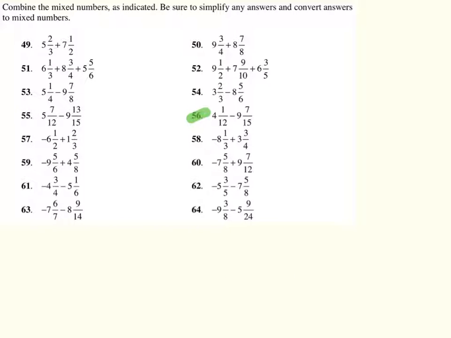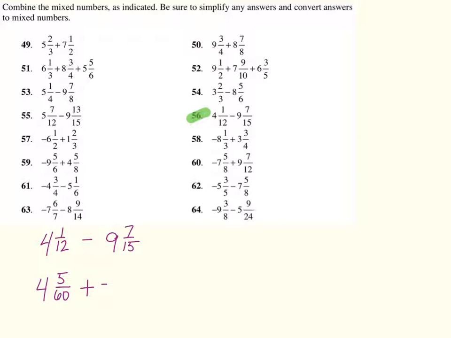56. So again, dealing with denominators 12 and 15, we know that our common denominator is going to be 60. 12 goes into 60 5 times. 5 times 1 is 5.